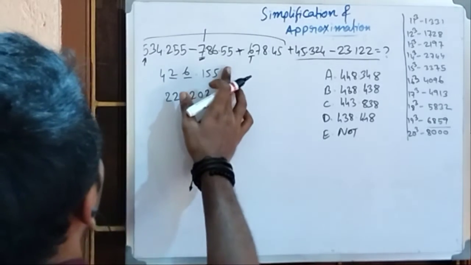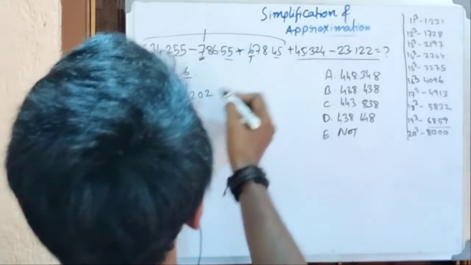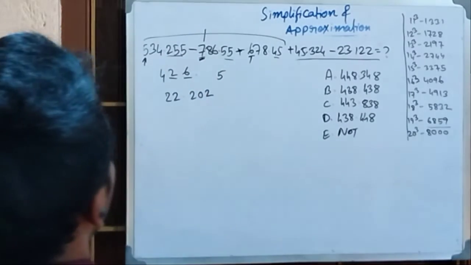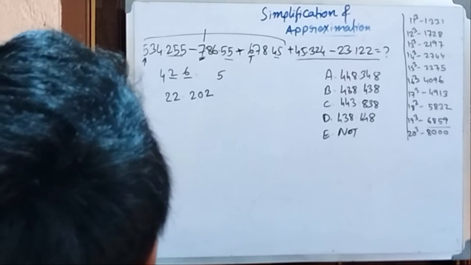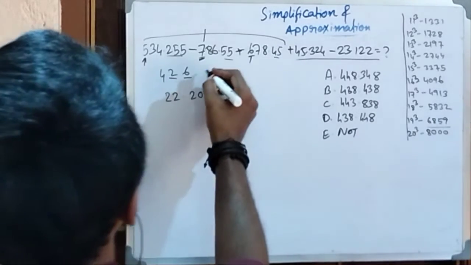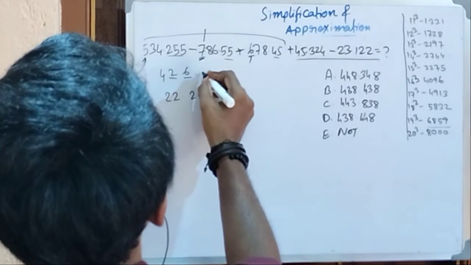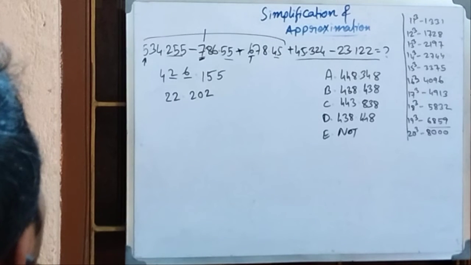Okay, here not 1.55, here 3 digits, and here 2, here 2. Okay, so 5 would be there, right? And 0.1, so 0.1, so 155. Yeah, it's okay.